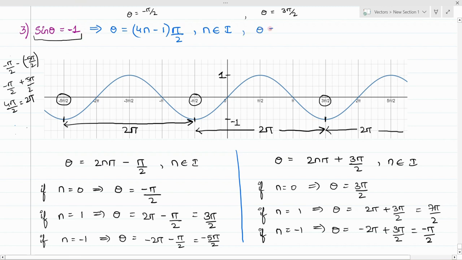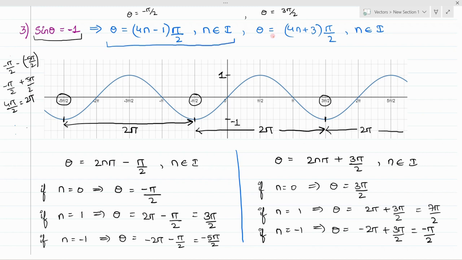So the other solution for theta is (4n plus 3) into pi by 2, where n belongs to all integers. So for sine theta equal to minus 1, this might be one solution, and this might be a second solution. Whichever solution you take, the answers you get are the same. So it's okay if you take any solution from these two.